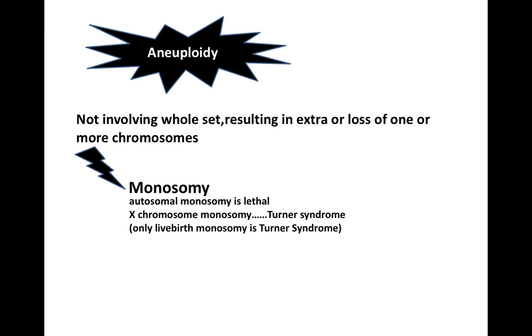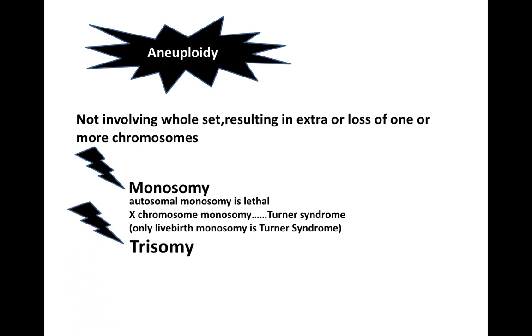The only live birth that has a monosomy is the Turner syndrome, in which there is a 1X chromosome, and this can survive, although most of the cases are lost in abortion, but it may give a live birth, and the result will be a Turner syndrome.